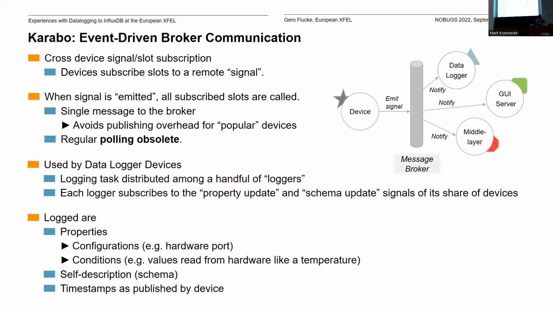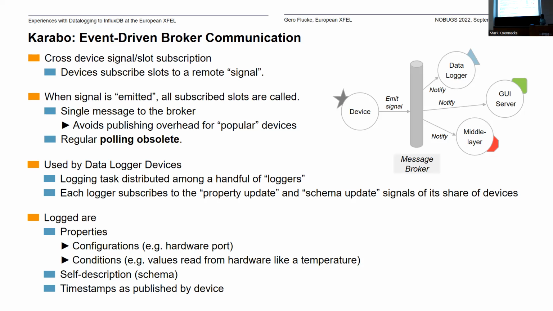So how does the data logging integrate in this event-driven broker communication? We do this via a cross-device signal-slot subscription. There are devices interested in some properties of another device, so they subscribe. In this case, you have 3 devices interested in this one. If that device updates some of its properties, it will emit a signal to the broker.